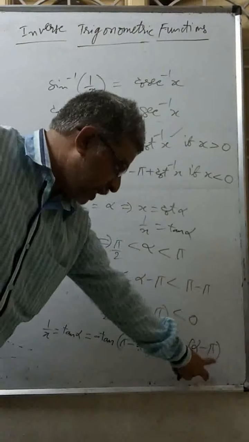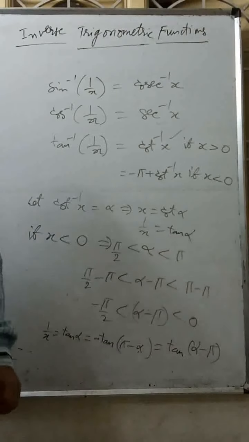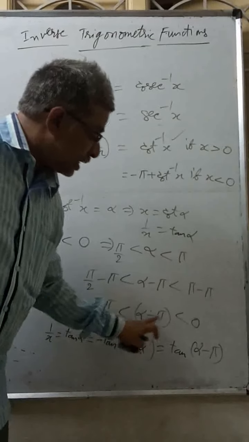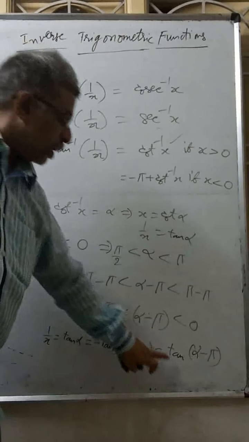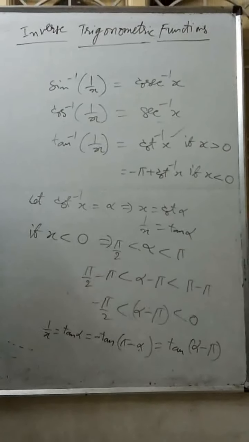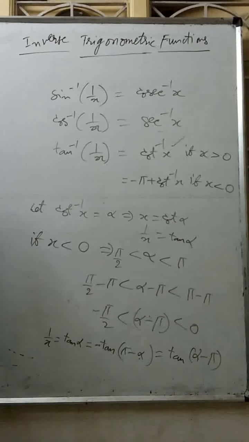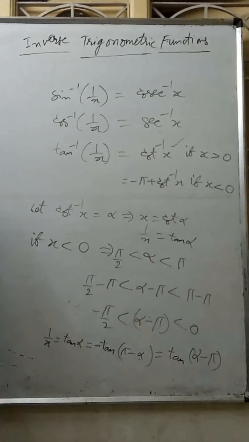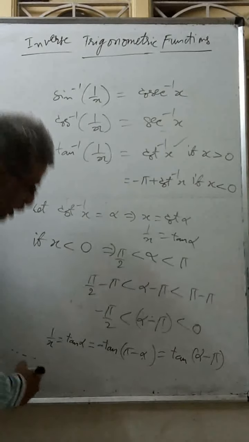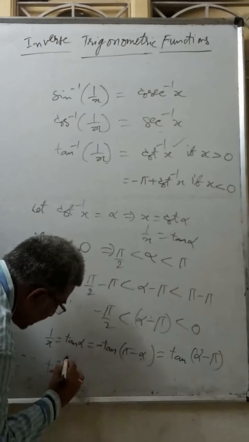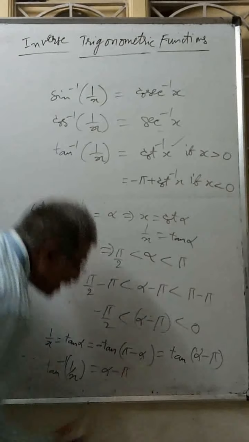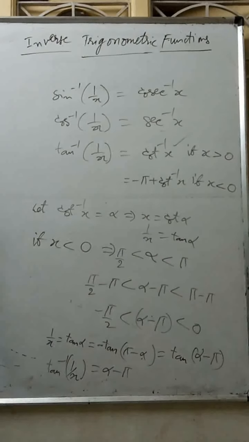Now this angle alpha minus pi comes into our required domain, so the inverse exists. Otherwise the inverse does not exist. Now tan comes to this side: tan inverse of 1 by x equal to alpha minus pi.